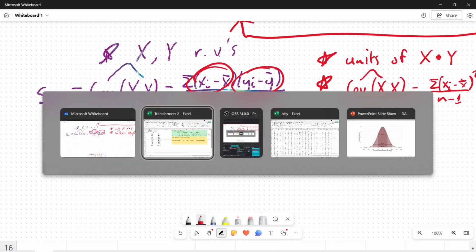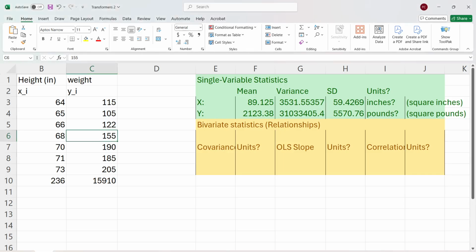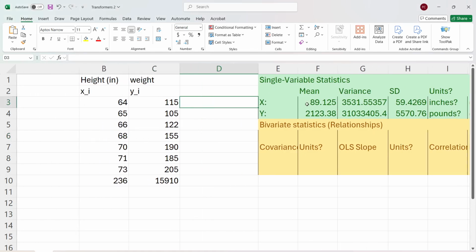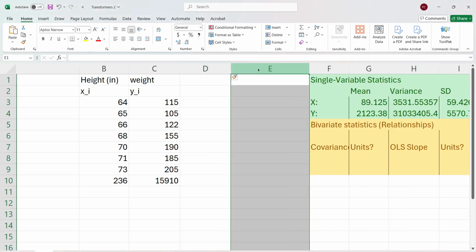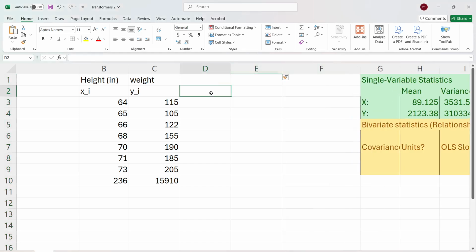Let's have a look. I'm pretty sure Excel can handle one of these, and I've got an interim column here. So I'm going to do something clever, and I'm going to say I've got the averages of both of these. I could do xi minus x bar, I could do yi minus y bar, and I could make a column of xi minus x bar multiplied by yi minus y bar. It's a bit excessive to do all of that, but it won't hurt doing it just once.